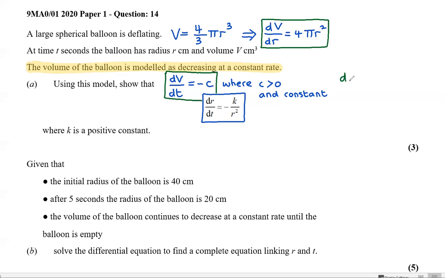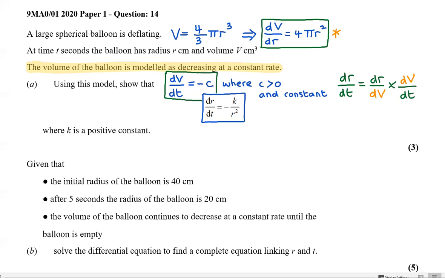Well, dr by dt would have to be dr over something multiplied by something over dt. It's pretty obvious what's going to go in there. It's got to be dV in both cases because that's what information has been provided. So we have to do dr over dV, which is 1 over this thing, multiplied by the derivative that we wrote down earlier.